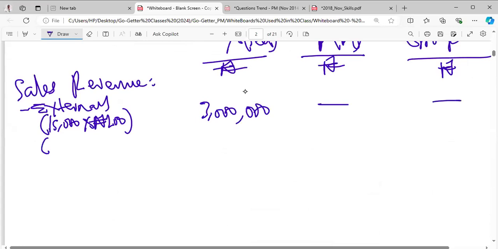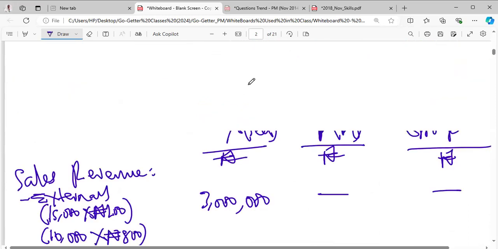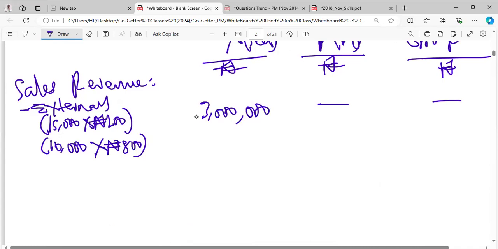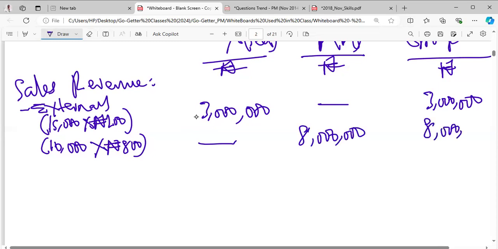And these people will still sell their 10,000 components at, is it 800 naira? We've done that before. 800, so that will still give us 8 million. So this is 8 million.